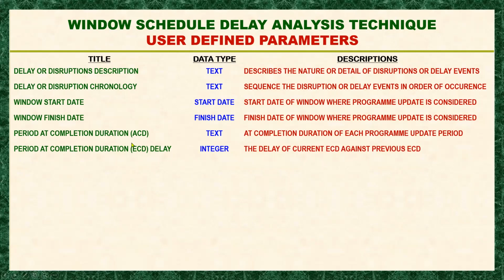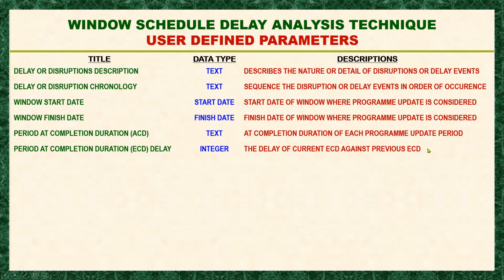So why is it estimated completion duration? Because once we update our progress, the completion of the whole project may be earlier than the contract completion, or it may be later than the contract completion if it is delayed. So the delay of the current ECD against the previous, this is the meaning of this one.